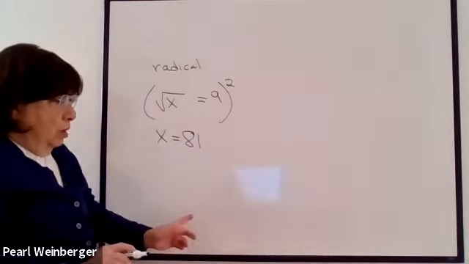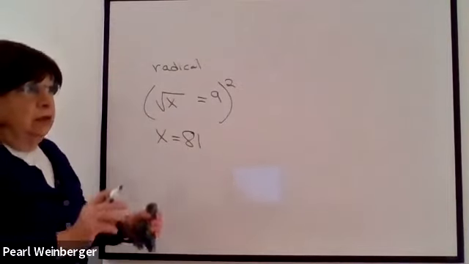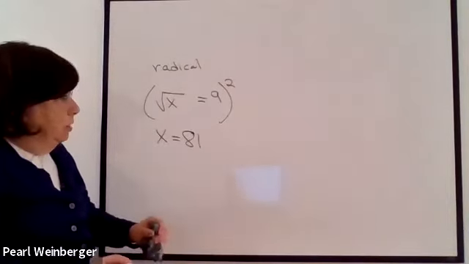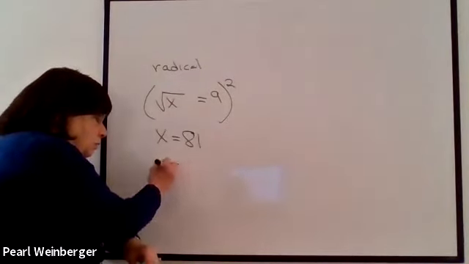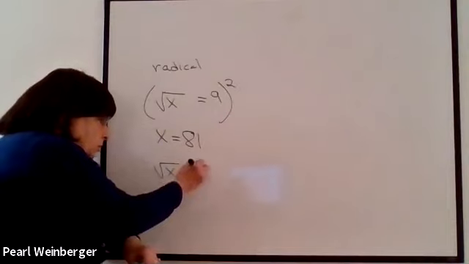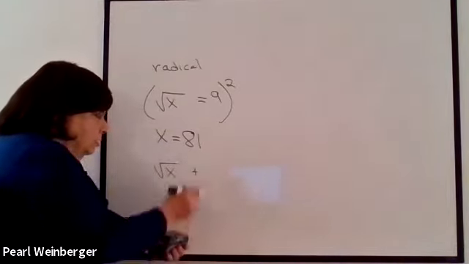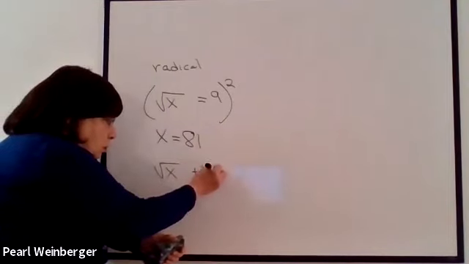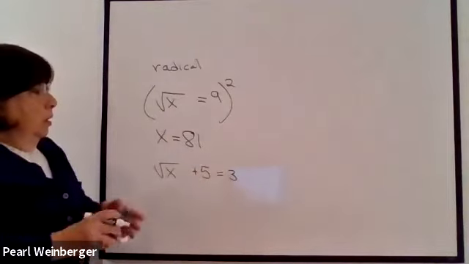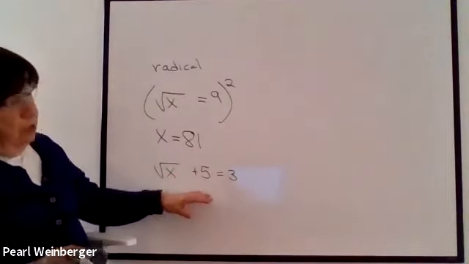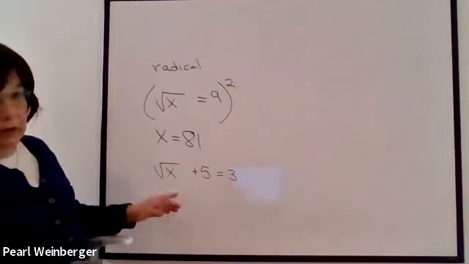Let's try another example. What if I had something like this, the square root of x plus 2? Well, let's do plus 5. So here's a little bit more complex because we now have something added to the radical.